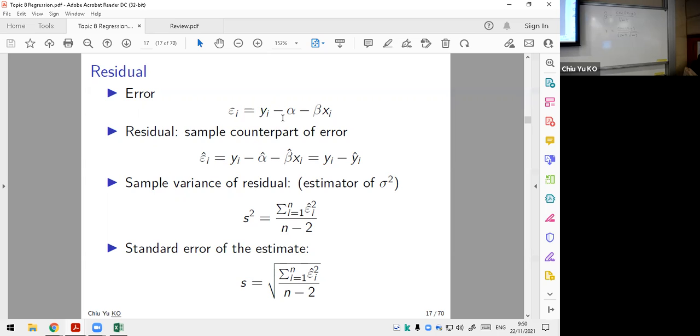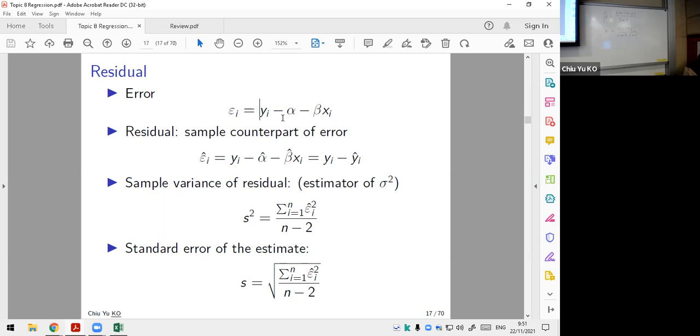The underlying true values are alpha and beta, but depending on what data you draw, depending on the realization of epsilon, you will have different alpha hat and beta hat. In that case, we can still estimate epsilon i. Remember the variance of epsilon i is sigma squared. It doesn't depend on i.